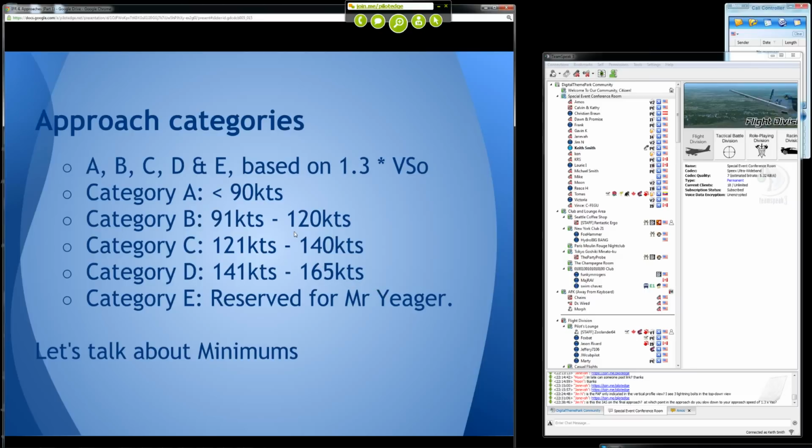And these are in speed. You know what? I have to think about that for a sec. Is it indicated speed on the final approach? It's really up to you when you slow down, but most people are arriving at the final approach fix at their VREF speed or very shortly after they're slowing down to that.